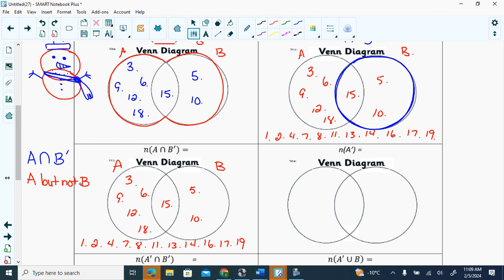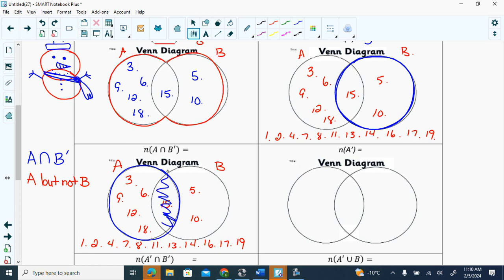A but not B. I want A only, technically, right? It's just the A side. I want A. This is A, technically, right? But what is this as well? B. I want A, but not B.